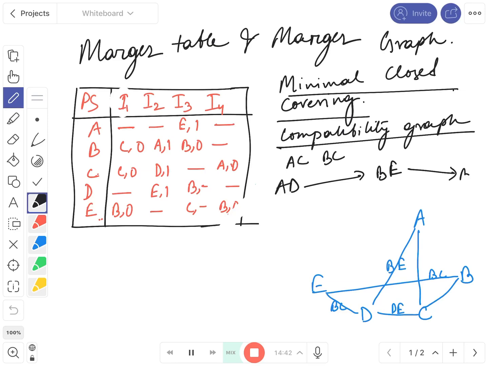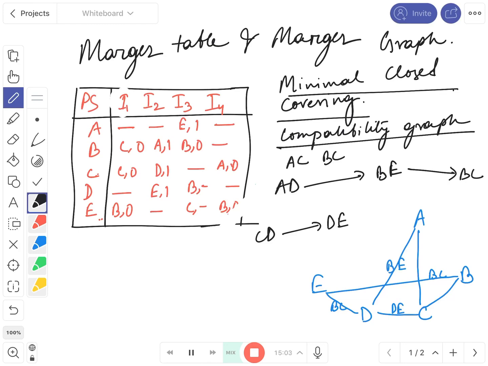So I can draw B to BC, then BD doesn't have any compatibility graph, then CD is DE. So CD to DE is there, then CE is not there, then DE to BC.